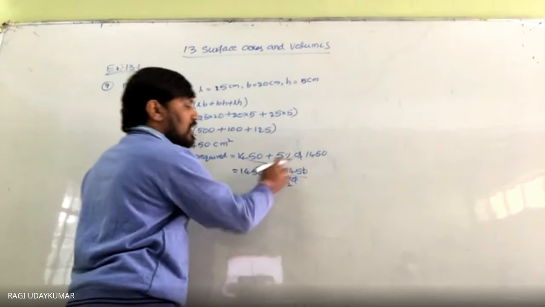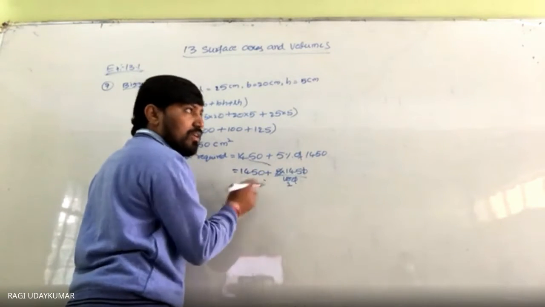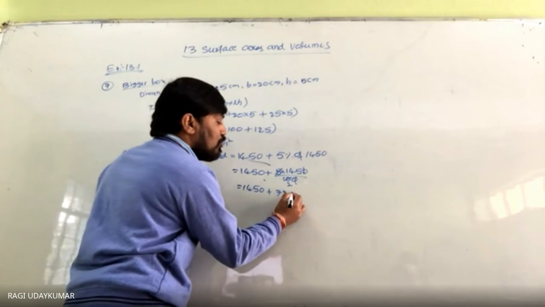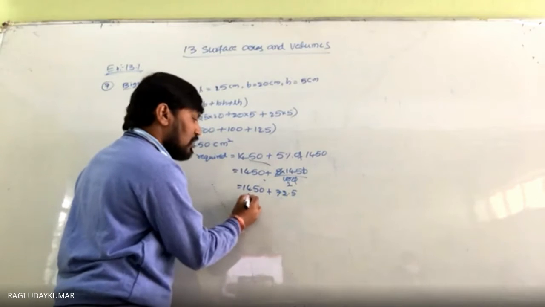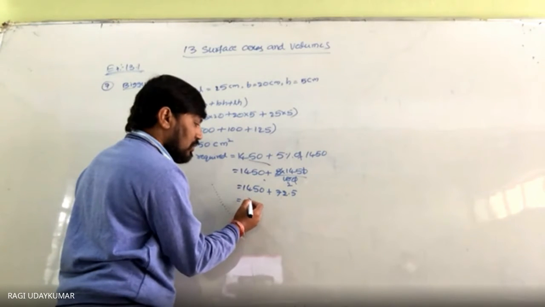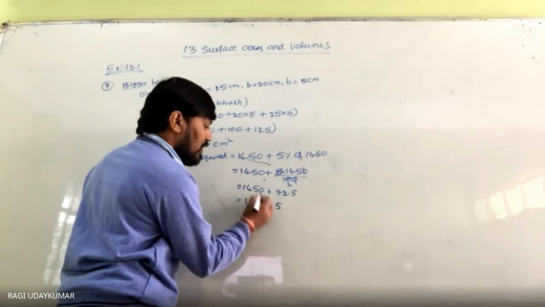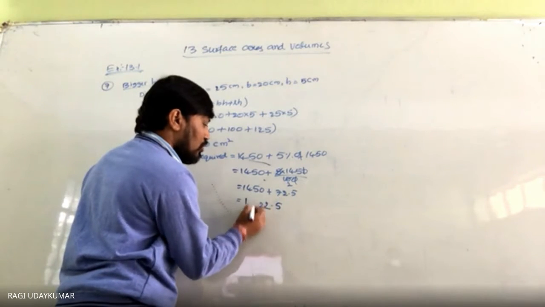The 0 will get cancelled, 5 on the 5, 145, divide by 2. So 1450 plus 72.5.